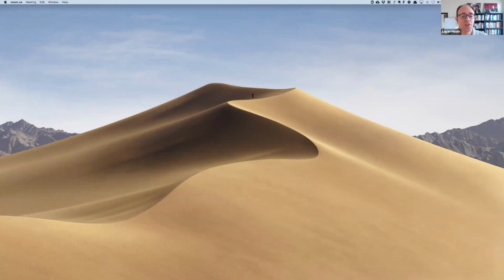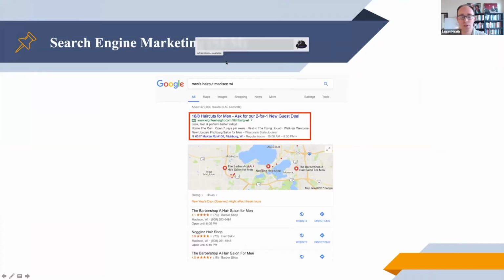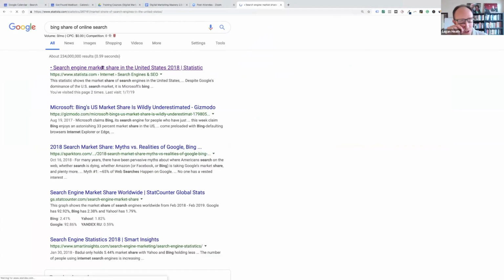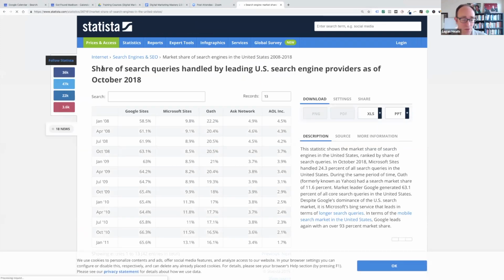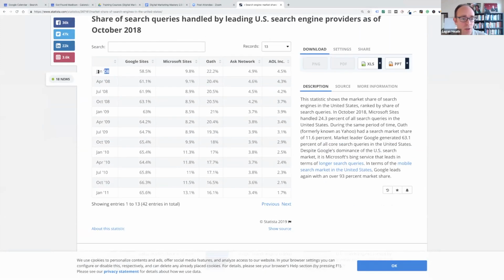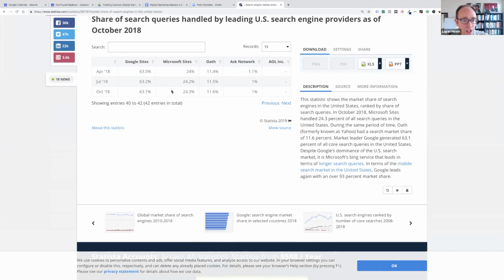Oh, Scott asks, is Bing trending up? Yes, it is. I'll try to do a quick search for it. Here it is, search engine market share. This is in the US specifically. You can see it's been going up since January 2008, when Bing was only at about 10%. And if we can get to more present day, yeah, here we go. October of 2018, Bing was at 24.3%.